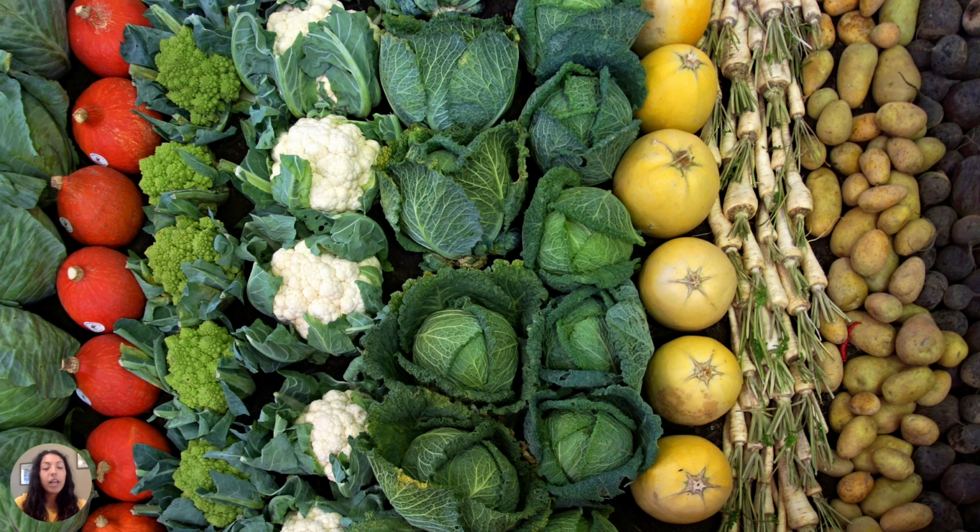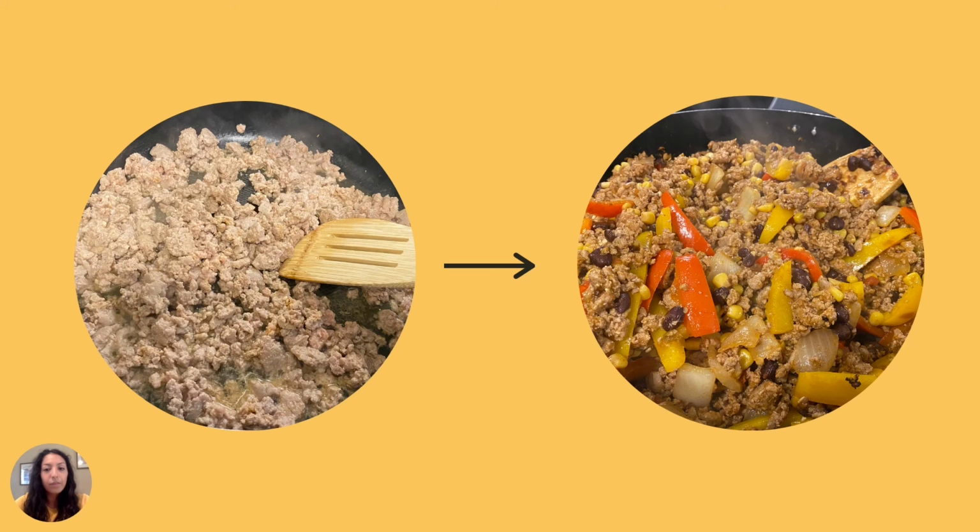The key thing to remember here is that fiber is in all plants. So increasing how many plants you're eating, how many fruits and vegetables, seeds, etc., that is going to increase your fiber. So here's something I like to call volumizing your food. So, for example, here I had either ground turkey or ground beef, and I added corn, beans, and onions, and some sliced peppers.